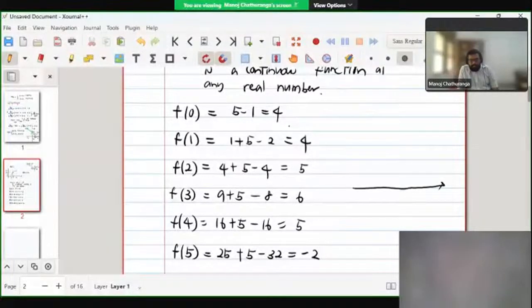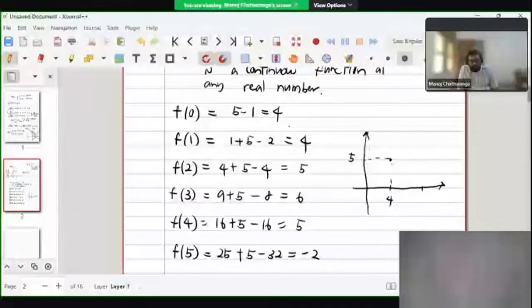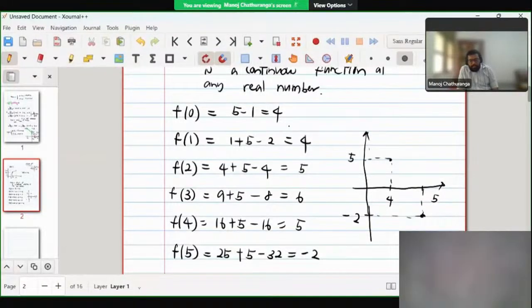So we have a continuous function. At 4, the function value is 5. At 5, the function value is -2. And we know the graph is a continuous function, so it should go something like this.